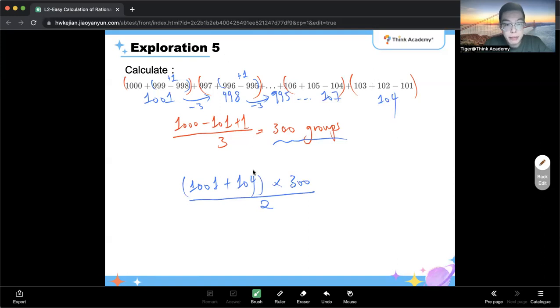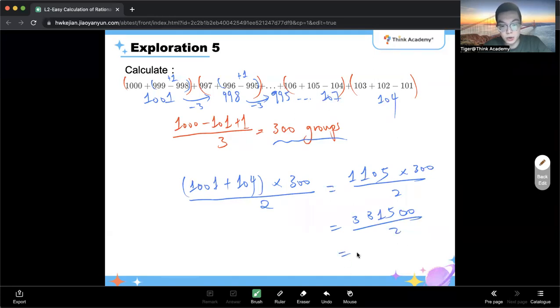Yeah, Anthony, and do remember the brackets, because you need to do the addition first, all right? So we have 1,105 times 300 divided by 2, which is equal to 331,500 over 2.